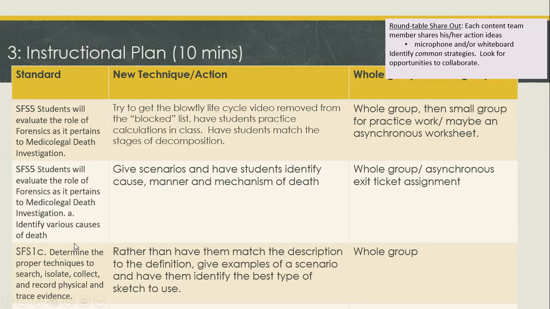For SFS 1C, we've already done an exit ticket for this standard for the types of crime scenes, and I have made a video for that. So I think we just need to continue to go over that in whole group, again as a bell ringer, specifically going over application of the crime scene sketches, because maybe they have the names now, but we need to work on the certain circumstances in which you would use each type of sketch.